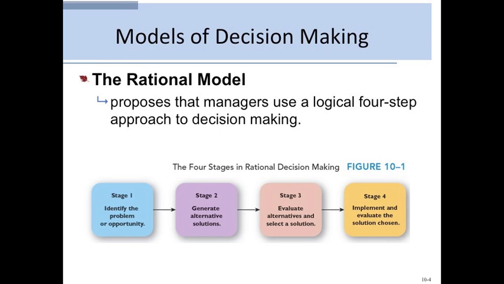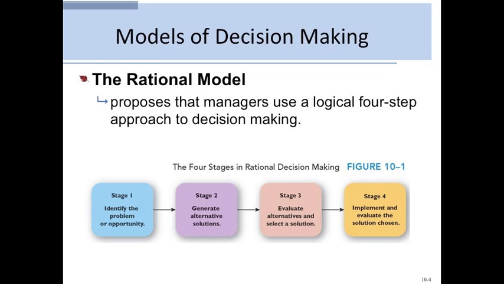The first approach to decision making is what we call the rational approach, and it proposes that managers act rationally, meaning that they try to make the best decision and optimize their well-being, and they do it in a very logical, delineated, specific manner. It proposes that managers use a logical four-step approach. As we look at them all, we see this logical progression.